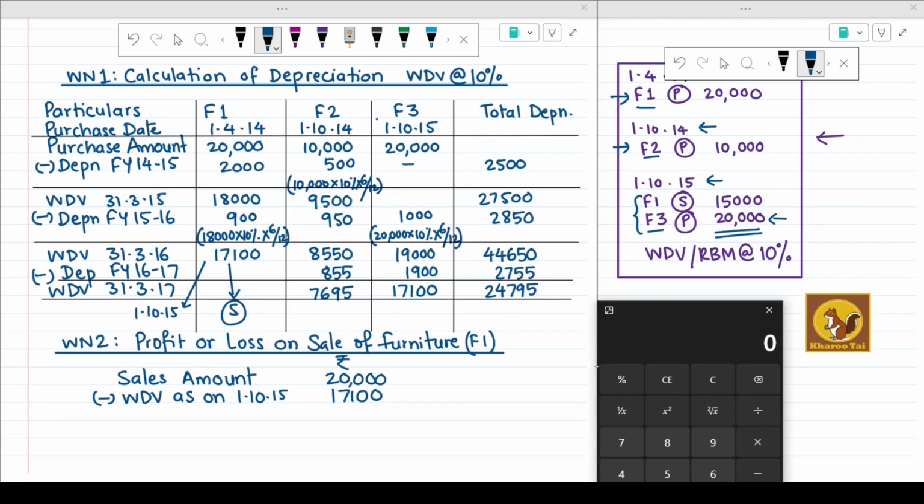So we have got a profit of 20,000 minus 17,100, that is 2,900. So we have got a profit on sale of F1 asset, furniture 1. Now both our workings are ready. We can open our ledgers.